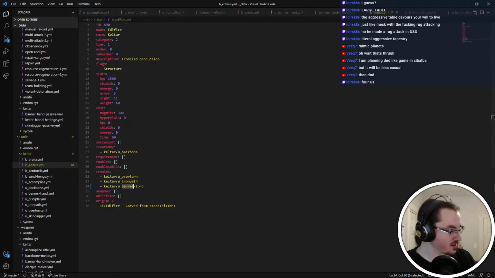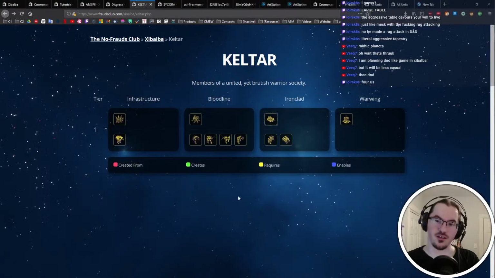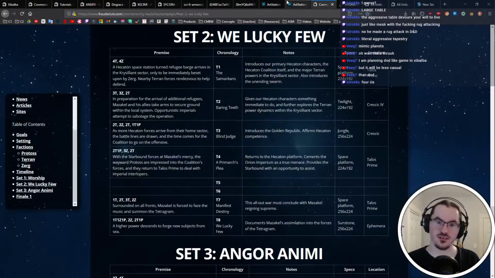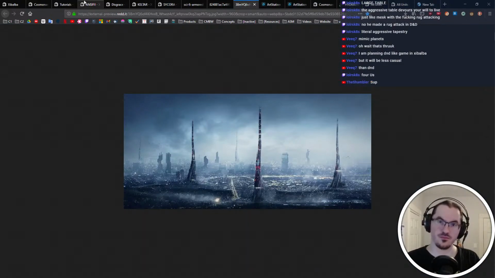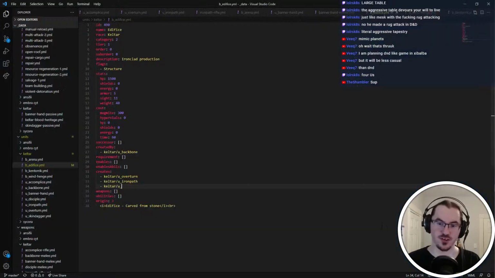Barrel Lord sounds pretty suggestive. Alright, we can't call him Barrel Lord, that's too funny. Yo, yo, yo, Shambleman! Check out my new tech tree I'm building right now as we speak.